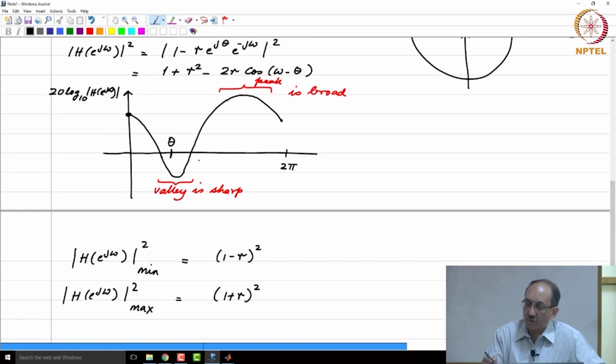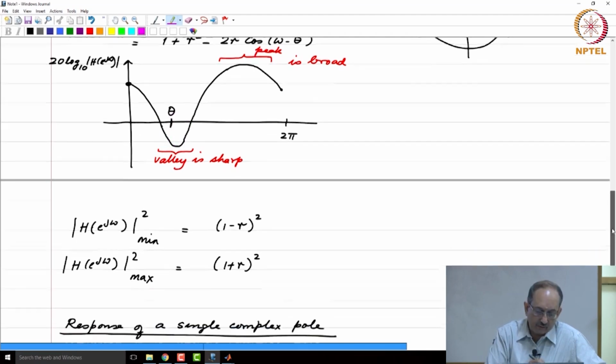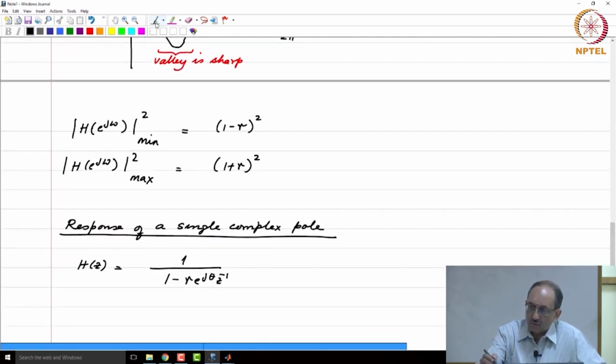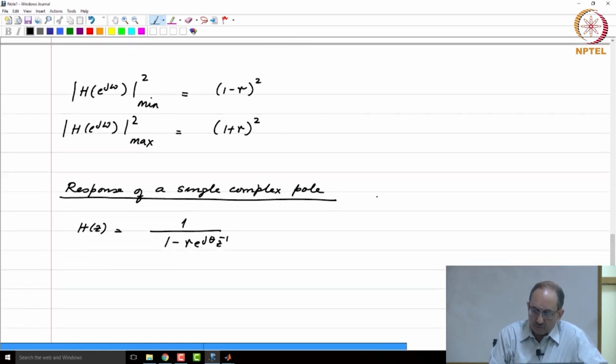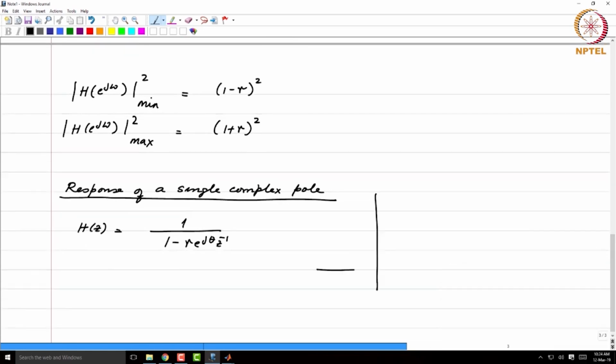Once you have the log magnitude of the 0, the log magnitude response of the pole is just the negative of this, and hence, without repeating the equations that I've written earlier, let me just plot the qualitative picture.